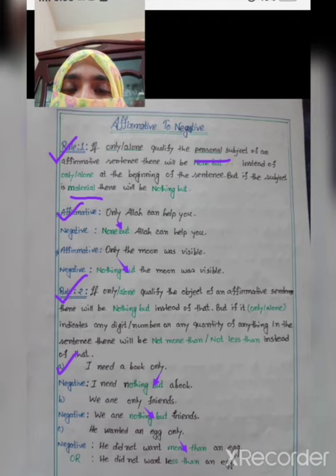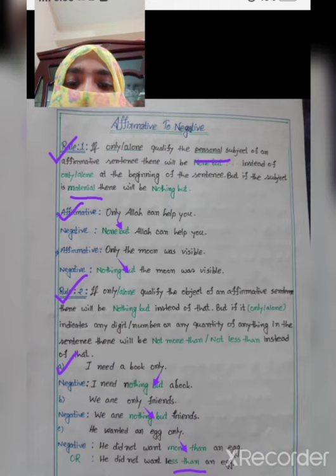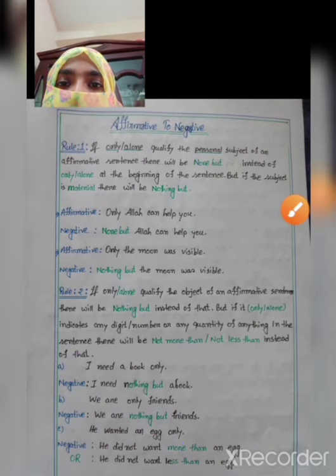We have also brought a negative word, did not, or we can also write he did not want less than an egg. Dear students, we can also use here nothing but, because an egg is the object of the sentence. Then the answer will be he wanted nothing but an egg.